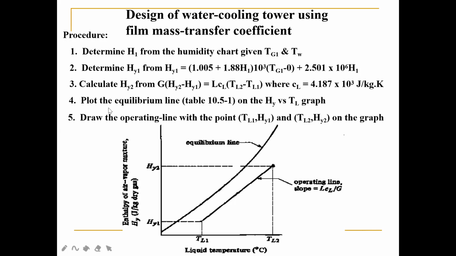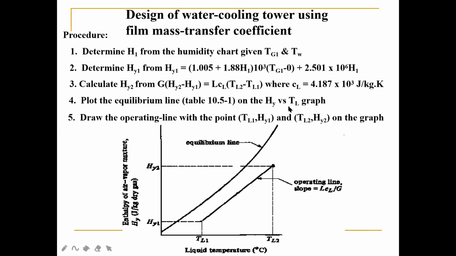Okay, so the next step is to plot the equilibrium line. The equilibrium line that you will use is always the same, which is in table 10.51. I will show you in the example next. Okay, and you have to also draw a line from all the values of HY1 and HY2, and also TL1 and TL2 on the graph paper.